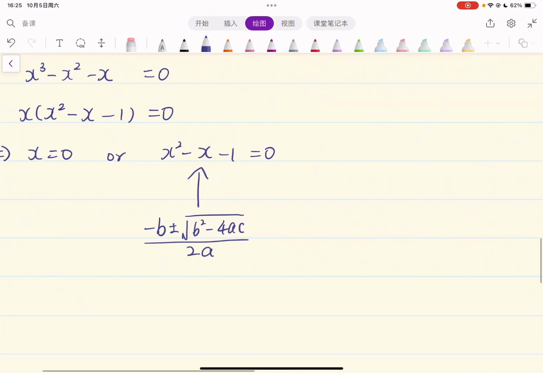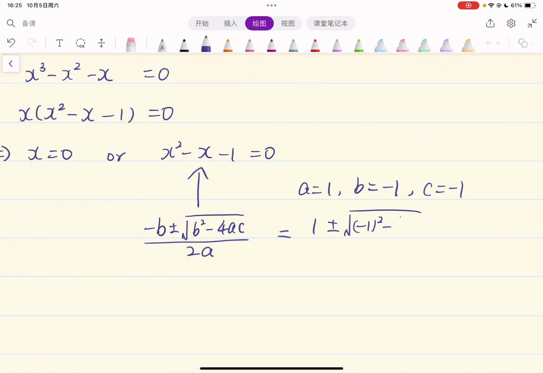Then we can see a equals 1, b equals minus 1, and c equals minus 1. And we substitute them into the formula. We have 1 plus or minus the square root of (minus 1) squared minus 4 times 1 times minus 1, over 2 times 1.